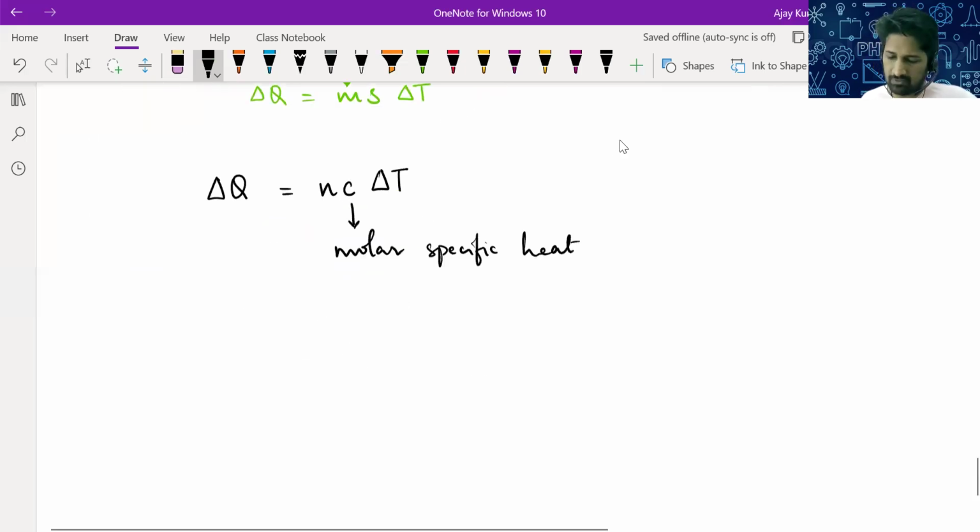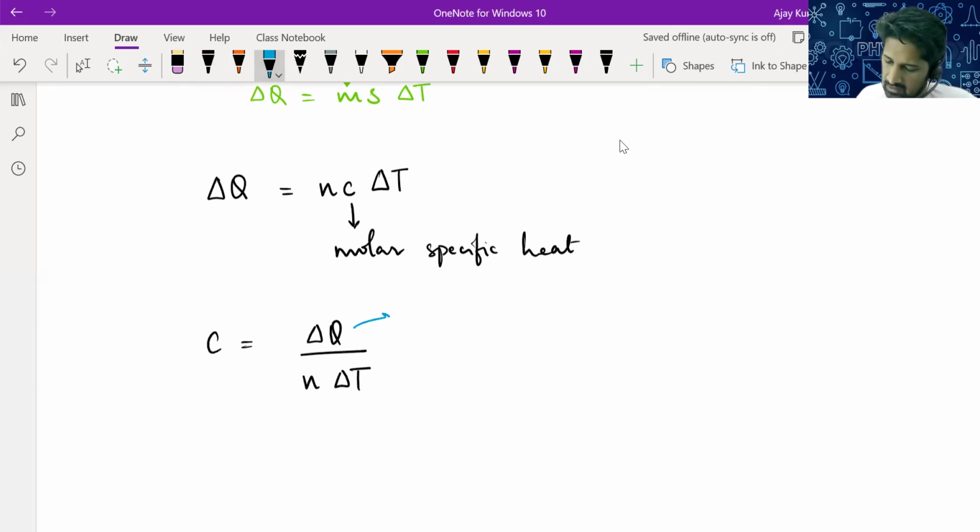How do you define this? You can say C is equal to delta Q by n delta T. Delta Q is the heat required, or the heat that must be supplied. So when will C be equal to delta Q? When n is equal to 1 and delta T is equal to 1.